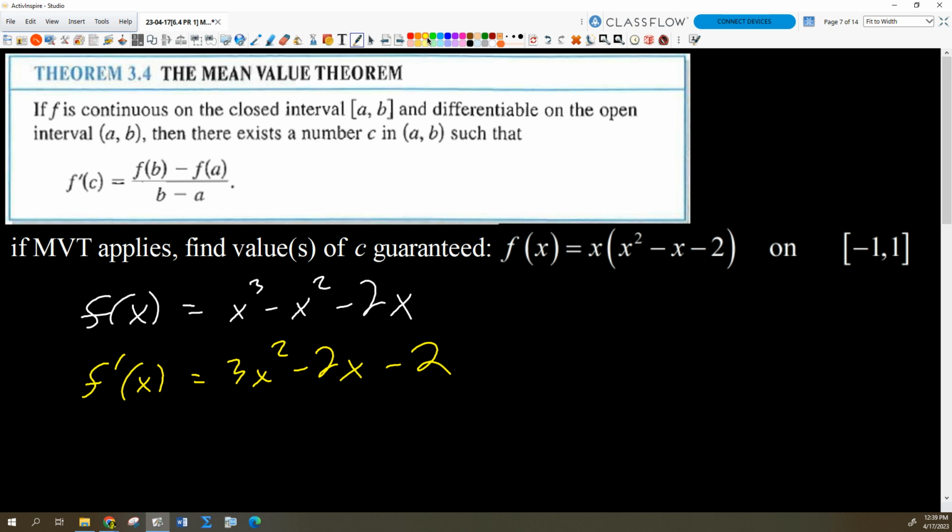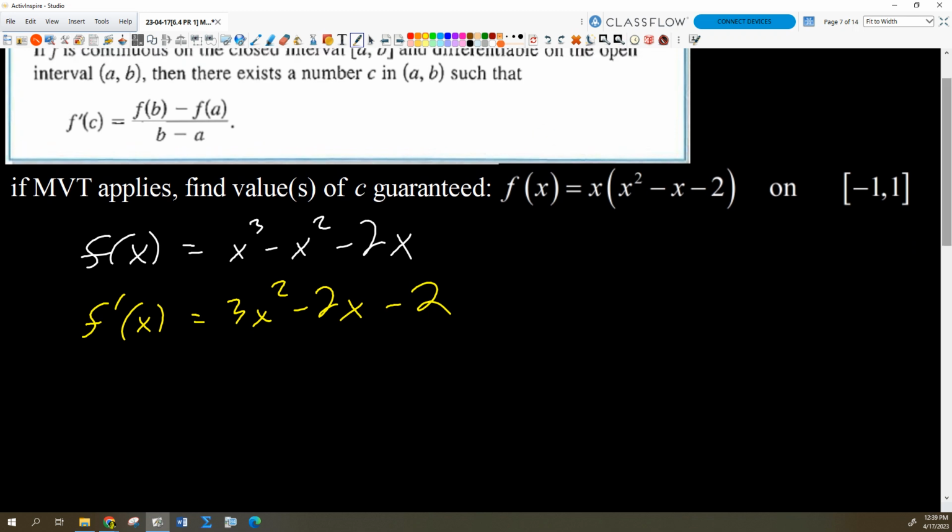So now what would we do? Now we've got to go find C. We need to find the places where the derivative is equal to the average rate of change. Well, what's the average rate of change? It's just the slope triangle, the difference quotient that we dealt with. Remember when we first started calculating derivatives, we took the limit of the difference quotient as the spacing between A and B went to 0.